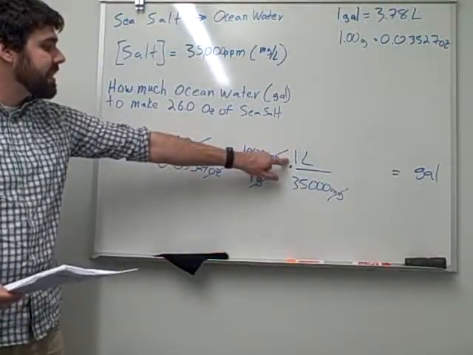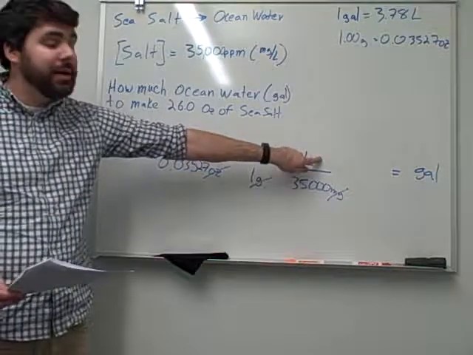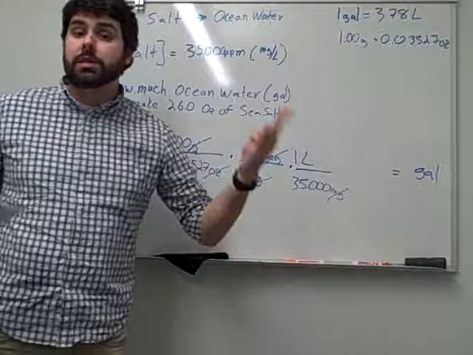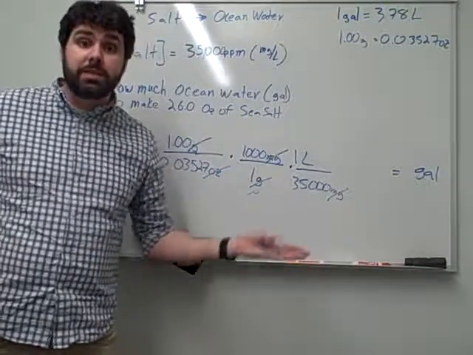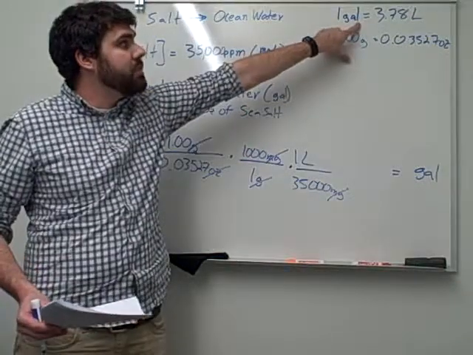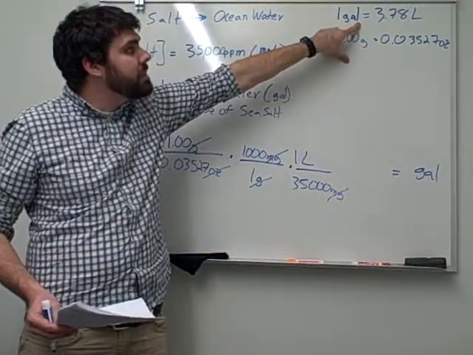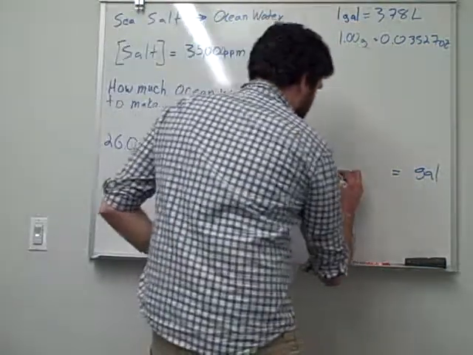So now, what this tells us is that to get 26 ounces of salt, this would give us how many liters it would take. This is really close. Liters and gallons are both units of volume. However, we need to convert between liters and gallons before we get our final answer. And we do that using our equivalency we see up here, in that 1 gallon is equal to 3.78 liters. So we go ahead and do that.